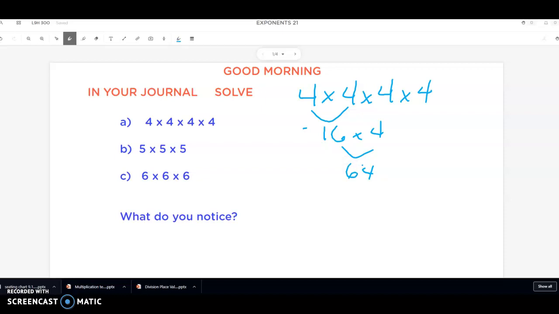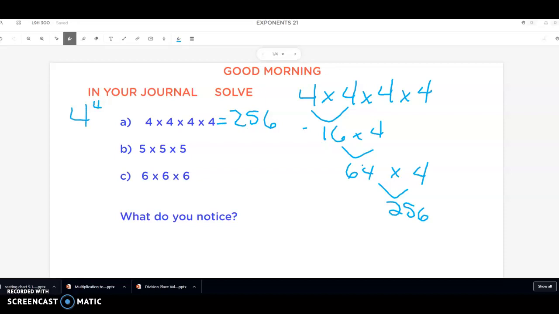So 64. Then I'm going to bring down my last 4. 64 times 4? 256. And that was our final answer here, 256. And this would be written as 4 to the 4th power.